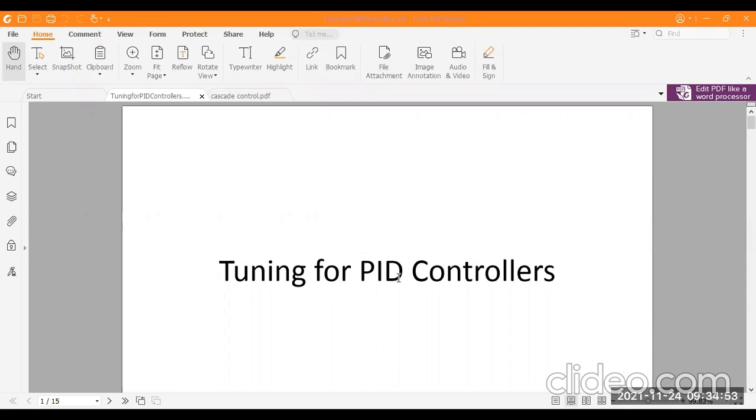Then the derivative gain, Kd. So this Kp, Ki, and Kd are set in tuning. This is basically tuning.